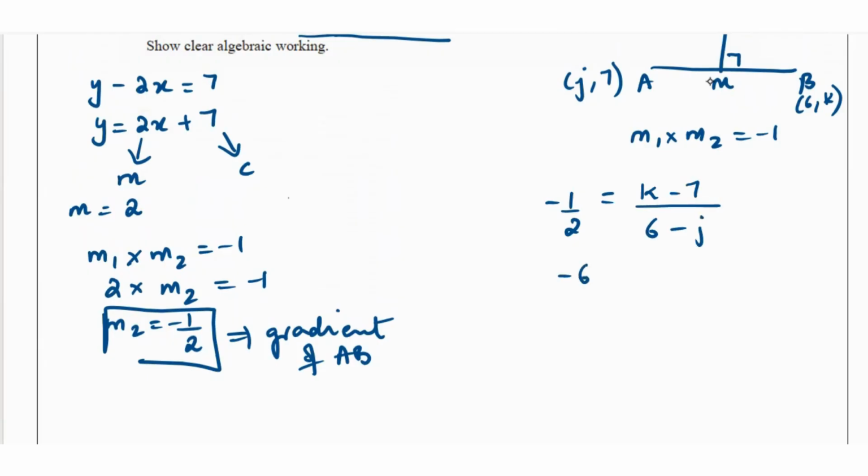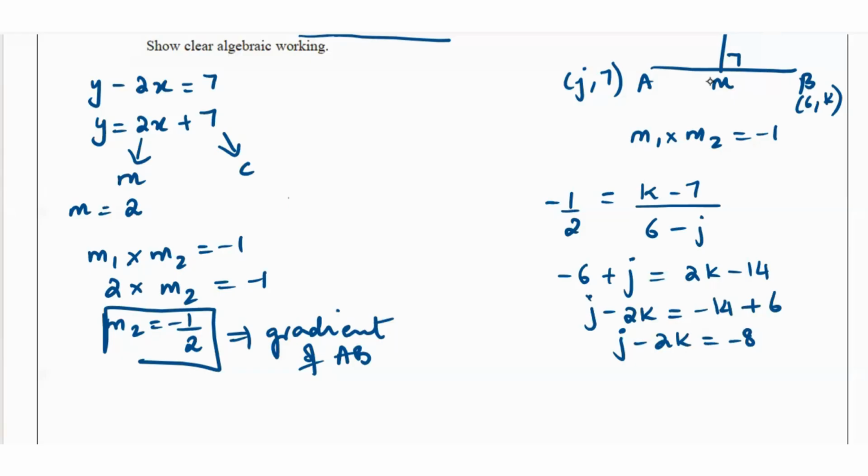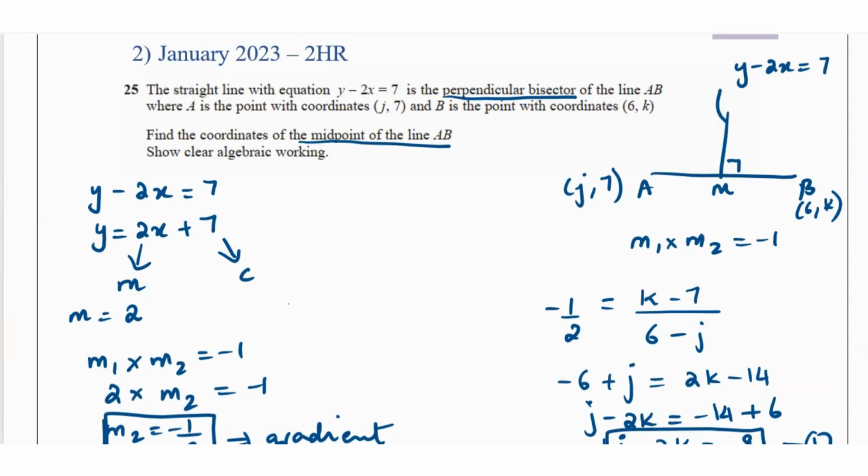Cross multiply: negative 6 plus j equals 2k minus 14. j minus 2k equals negative 14 plus 6, which equals negative 8. This is one equation. Now we also know that the line y minus 2x equals 7 is crossing the line AB at the midpoint of AB.